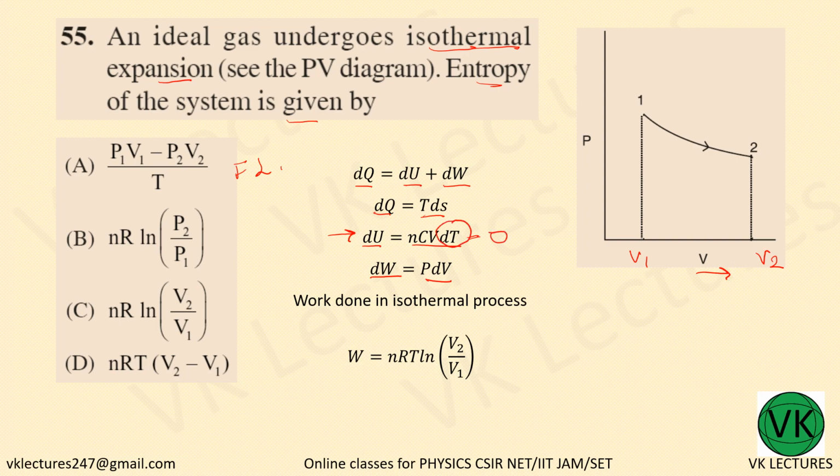So you can write our first law of thermodynamics as dq equal to dw, or you can write TdS is equal to dw, or dS is equal to integral dw divided by T. Okay, now you want entropy.